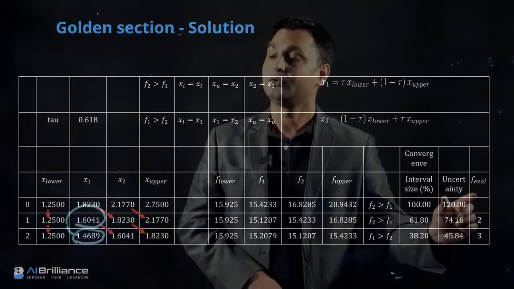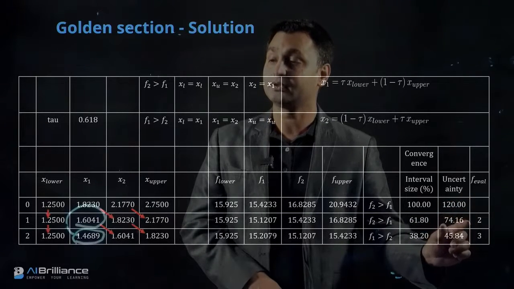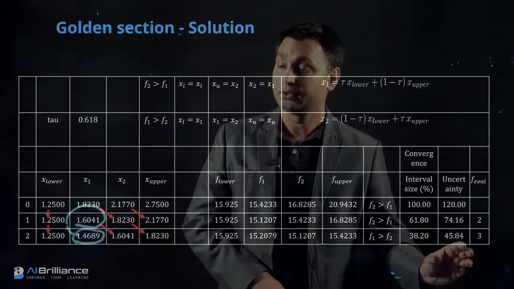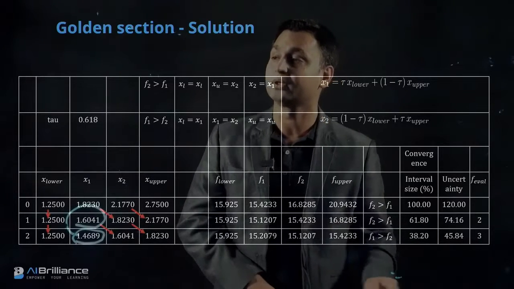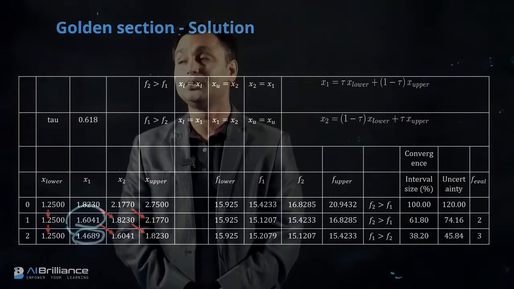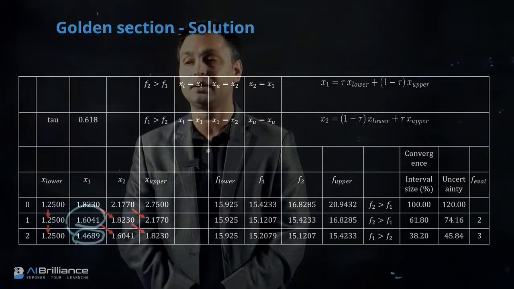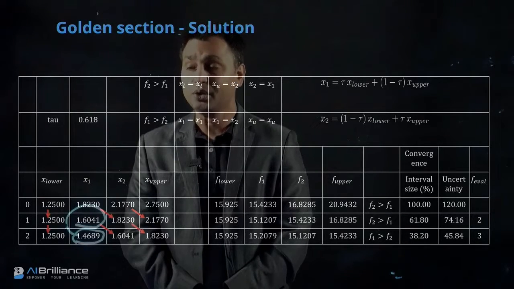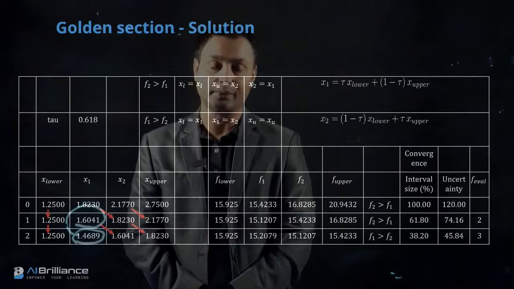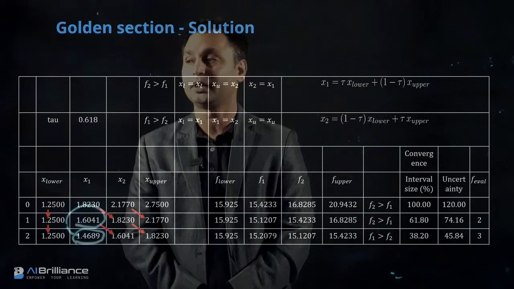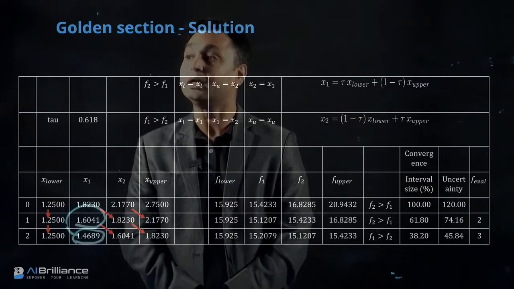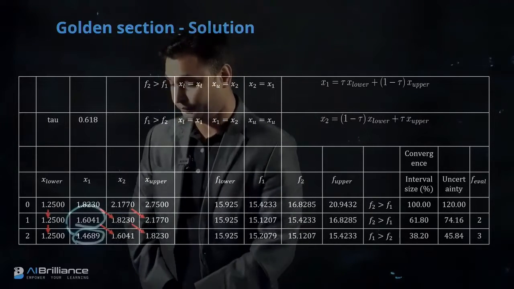Okay, so as the iteration index increases from 0, 1, 2, these values are going to keep shrinking, and this is what is going to be used as a stopping criterion. When these values are below a certain threshold or a certain percentage, then we can stop the overall algorithm, and we say that the algorithm has converged.